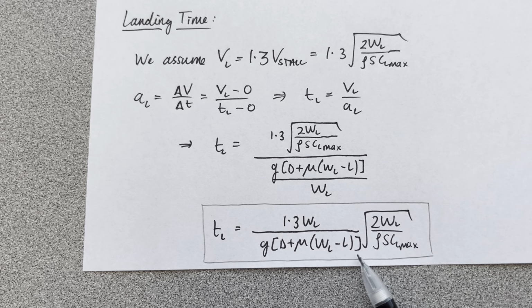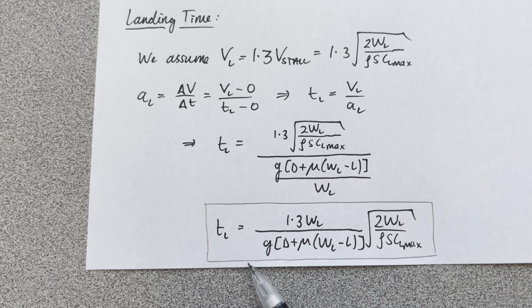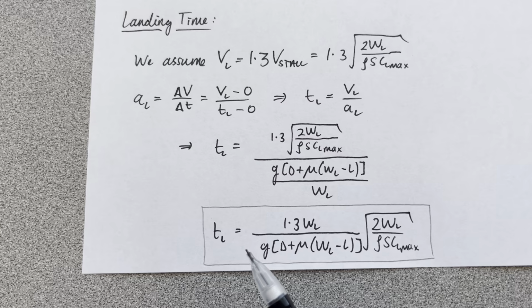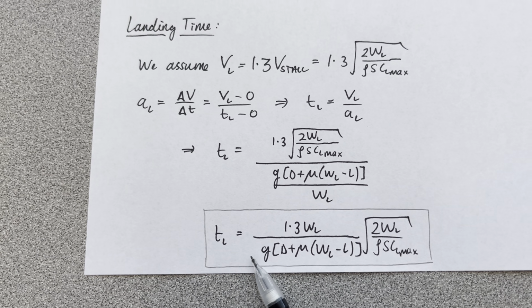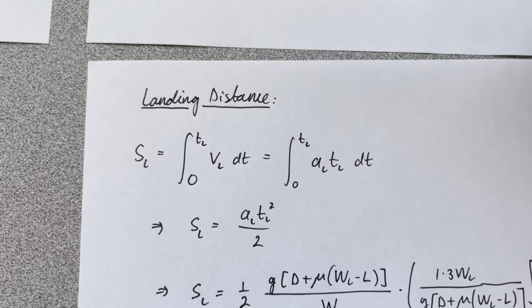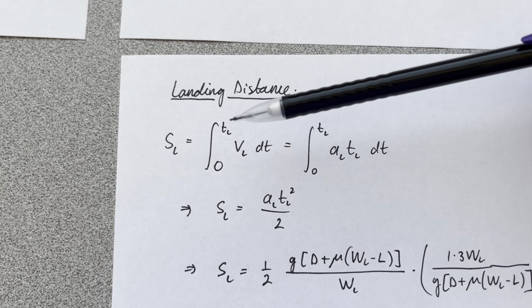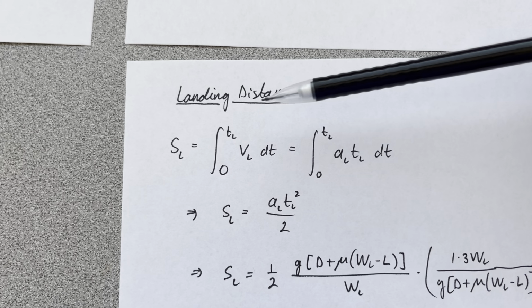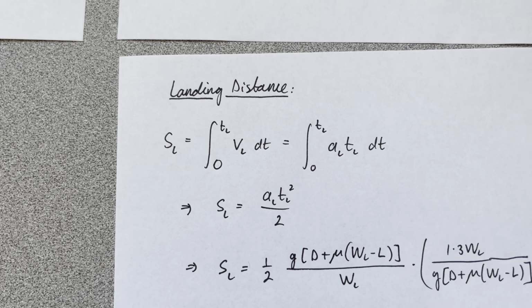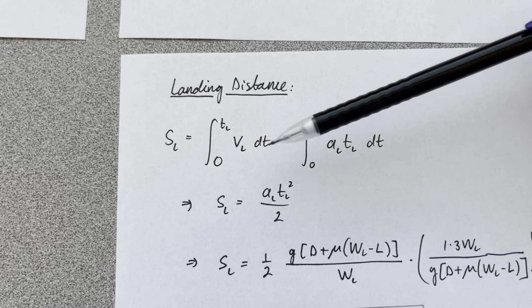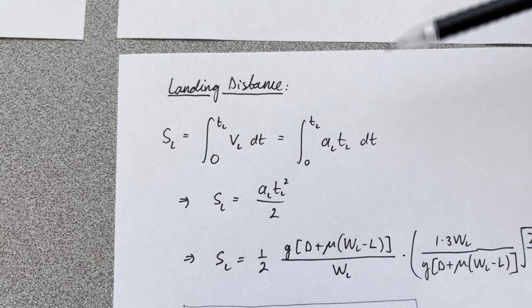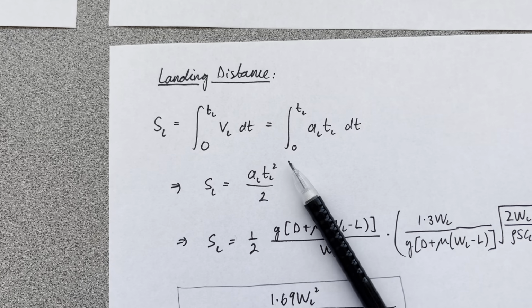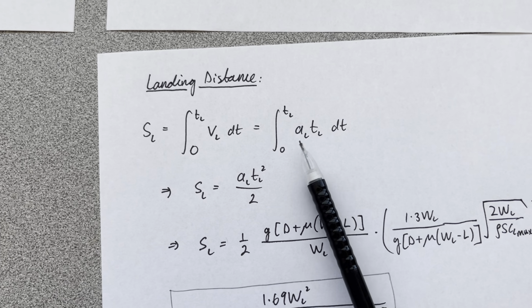Now, as I said in the previous video, the time required is a little bit irrelevant. What we're going to use this for is to calculate the landing distance required. So that's over here, look. Landing distance is just the integral of the landing speed with respect to time, and if the landing speed is just equal to the landing acceleration multiplied by the landing time, then we can just integrate this with respect to t.